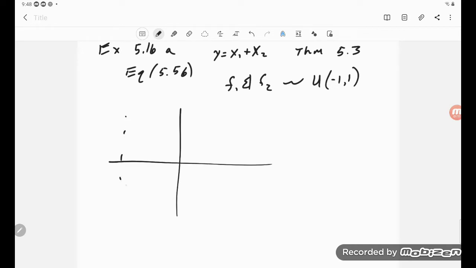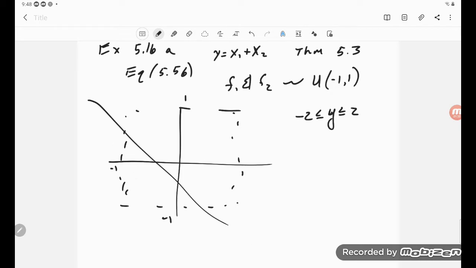And so we have this big square here, where this is 1, that's -1, -1, and 1. And so thinking about it, y can go from -2 to 2, and it's something that looks like that.